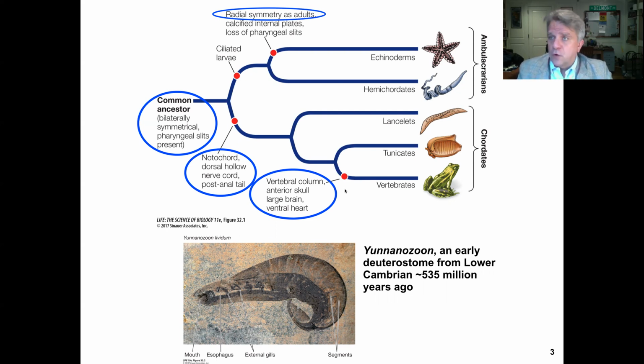Now, deuterostomes and maybe even chordates have a very deep time fossil record going back to the Cambrian here. So here is a presumptive deuterostome that dates to about 535 million years ago.